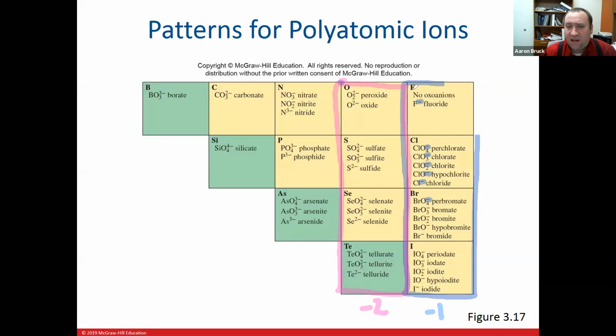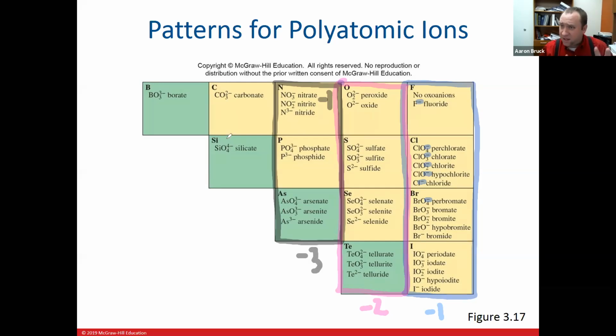And then inside of the nitrogen group, with the exception of the oxo ions for nitrogen, those are -1. All the rest of these are -3.